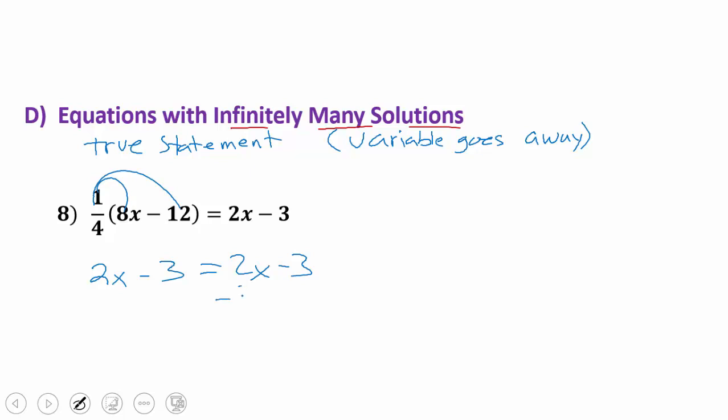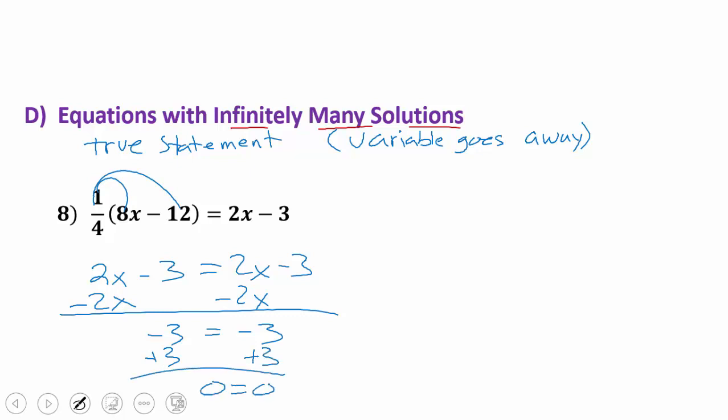If I were to get rid of the variable term by subtracting it from both sides, I would get -3 equals -3. Yeah, that's a true statement. And if I then added 3 to both sides, I would get 0 equals 0. Another true statement. So the variable's gone, which means I can put any number I want in for x. Any number. Because x represents the same value. And it would be true.